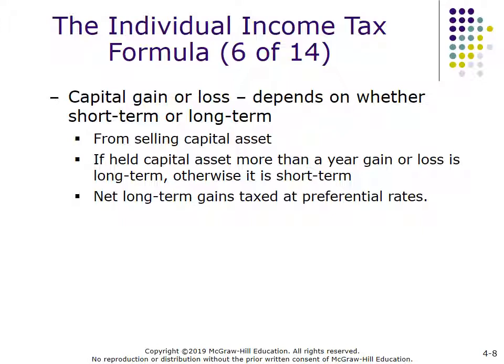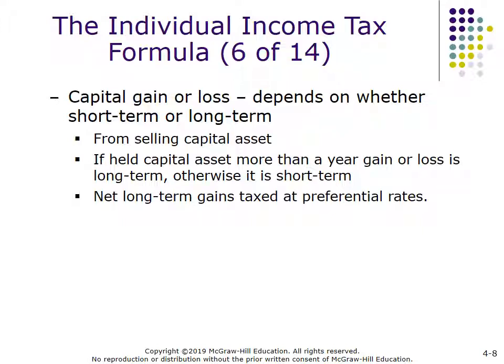So that's number one. Second thing, it's only long-term capital gains that have this preferential tax rate treatment. What's a long-term capital gain? It's a gain on a capital asset where you hold the asset for more than 1 year. So you own it for more than 1 year.